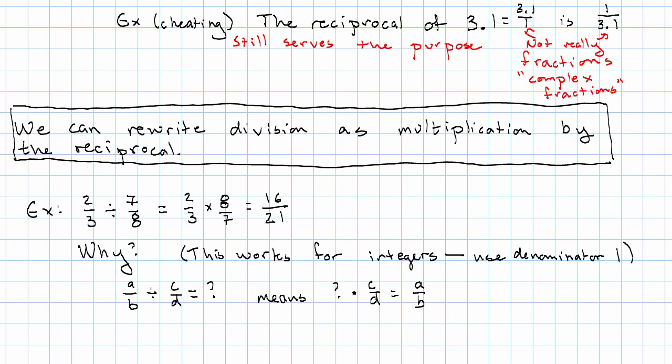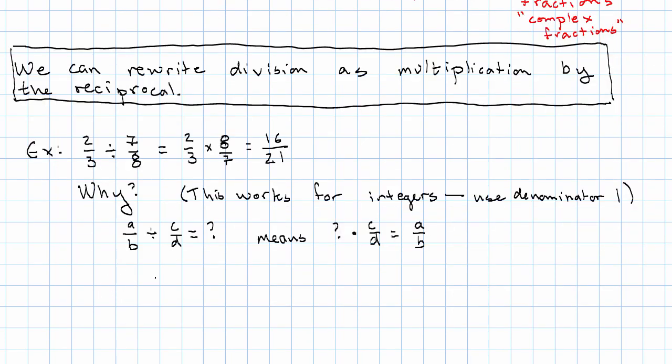Well, it turns out if I take a over b times d over c times c over d, we can regroup things as we like in multiplication.